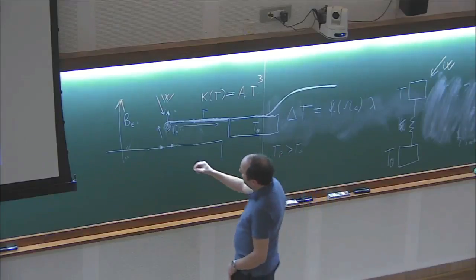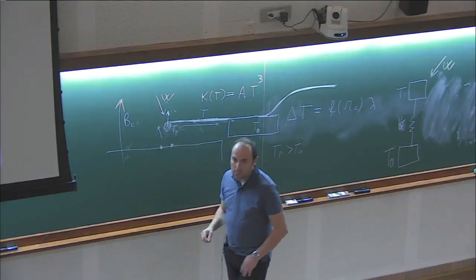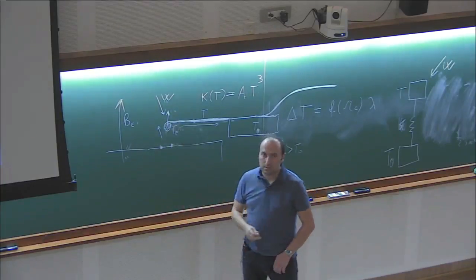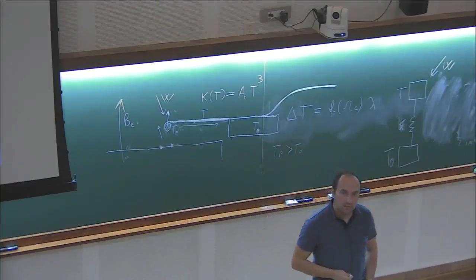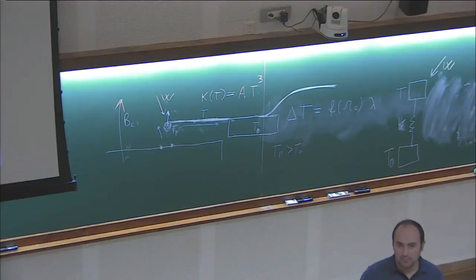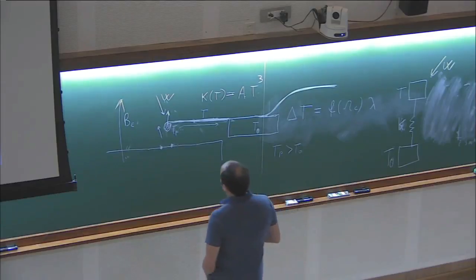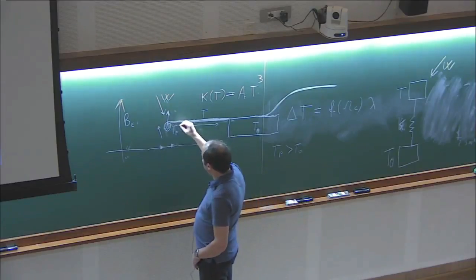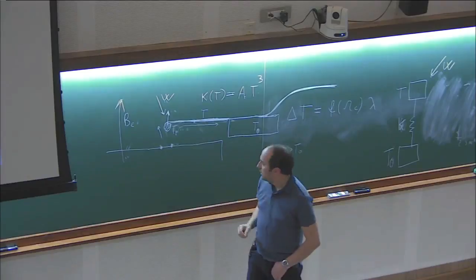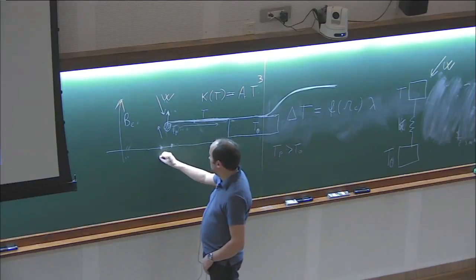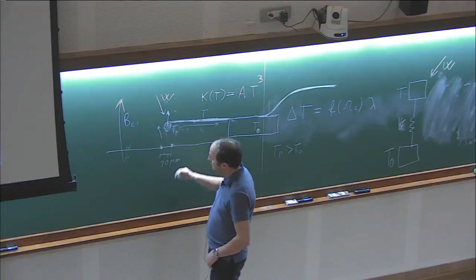So given the electrical conductivity of this material, you can calculate the power of this. Typical, in this experiment, I think it was roughly 50 microns, while this is 20 microns. The size of the SQUID is 20 microns here.